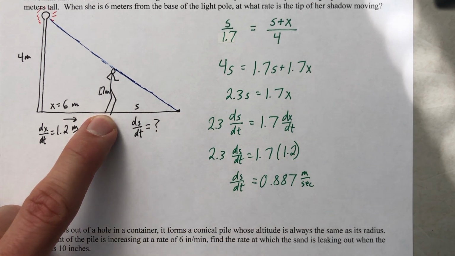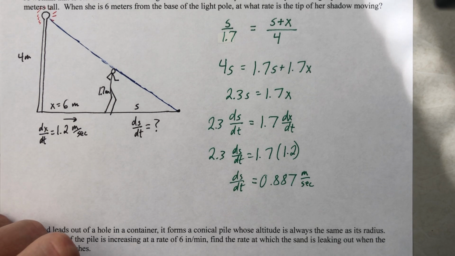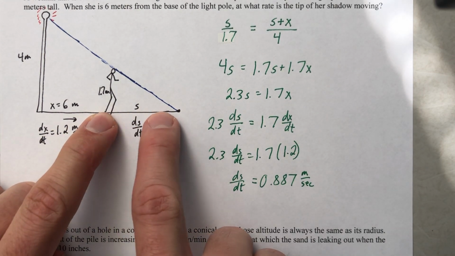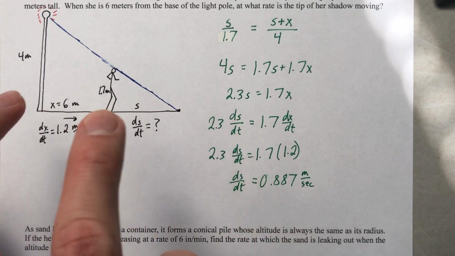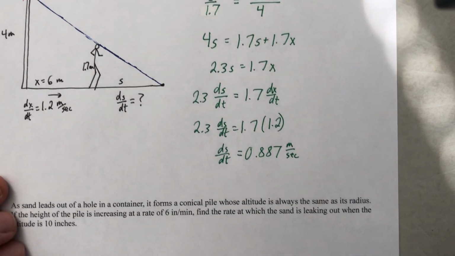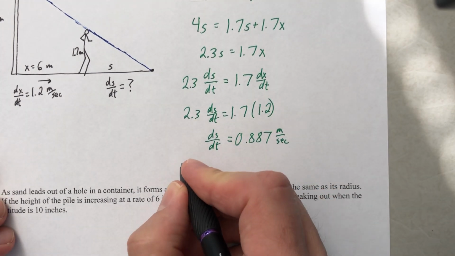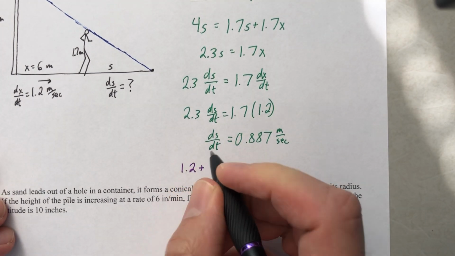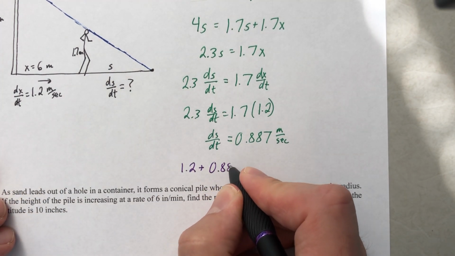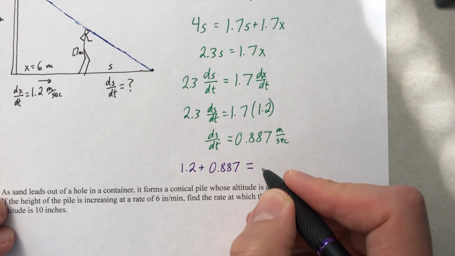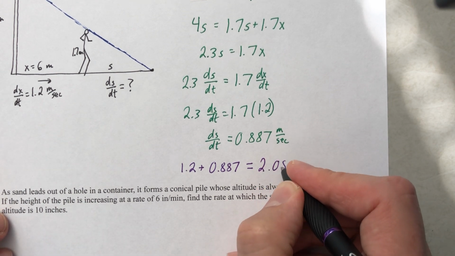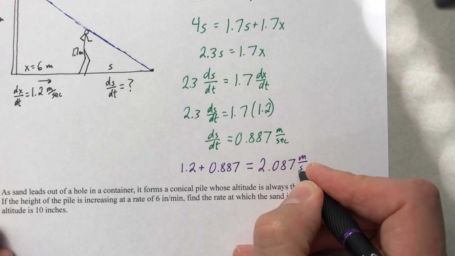So actually, the speed at which the tip of her shadow is moving is the rate at which the shadow is growing plus the rate at which she walks away. Final answer, which will be in purple, is going to be 1.2. She's walking this fast. Her shadow is growing this fast. And so we are going to have a final answer of 2.087 meters per second.